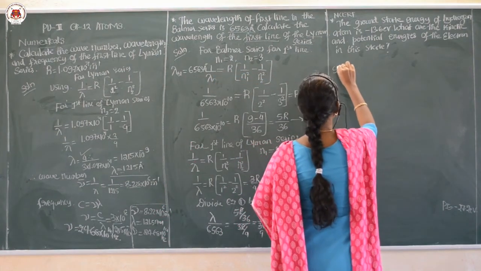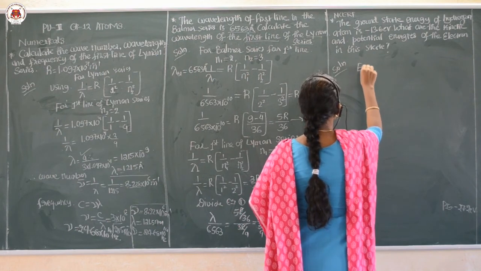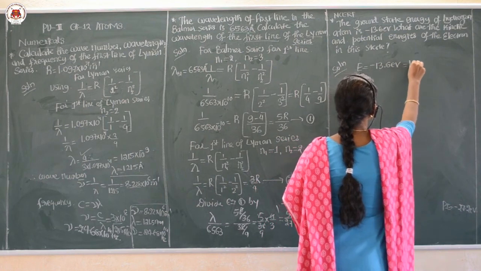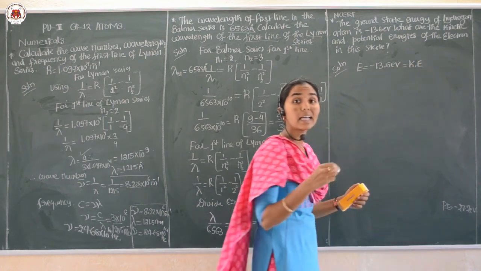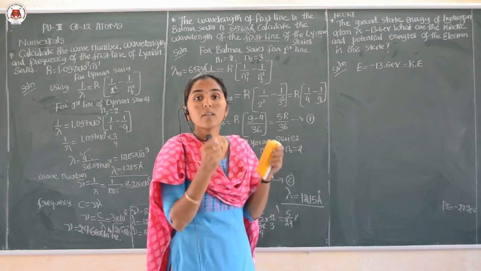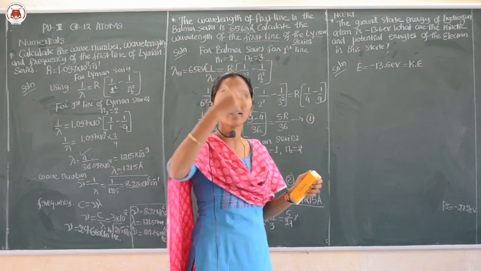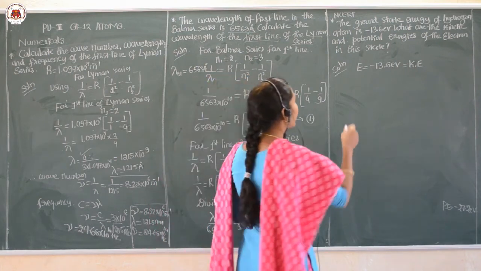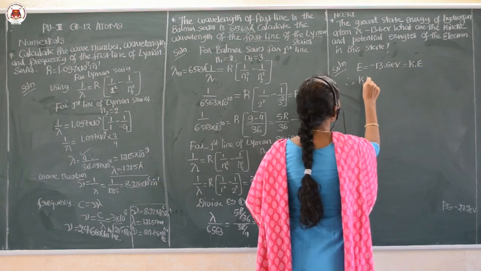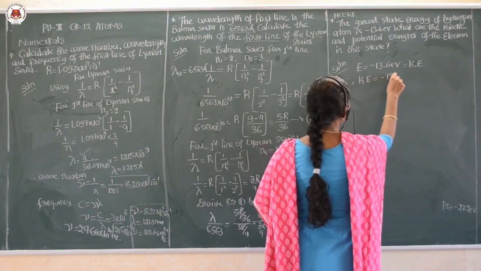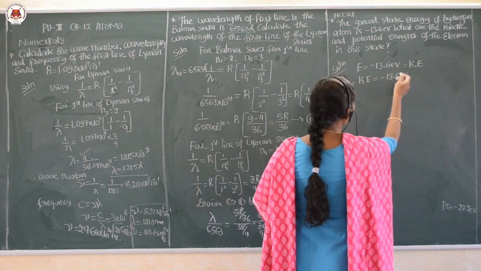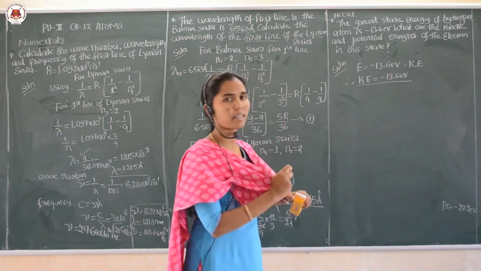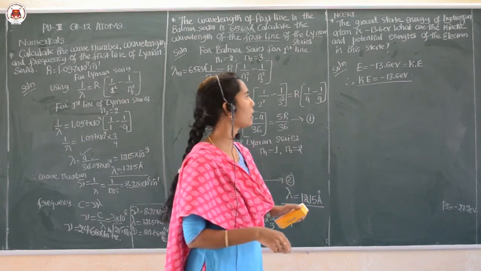Therefore, I could write here the energy given is equal to minus 13.6 electron volt. This is nothing but the energy of the electron in the ground state, because it needs to take the transition from the ground state to a higher energy level. Therefore, kinetic energy is directly minus of minus 13.6 electron volt, that is, minus into minus will come. So this much also we can write, that is the kinetic energy of the electron.